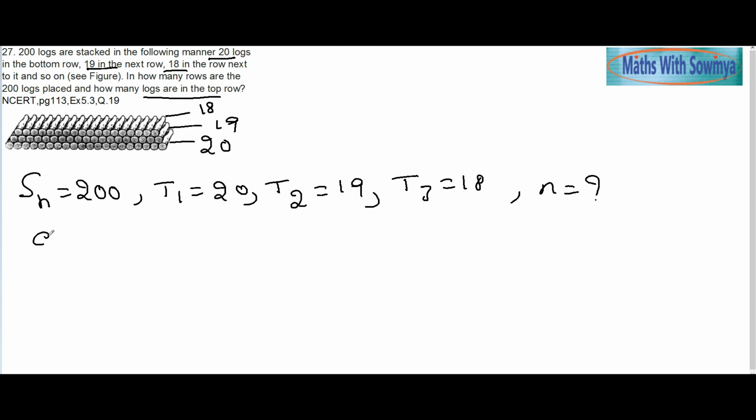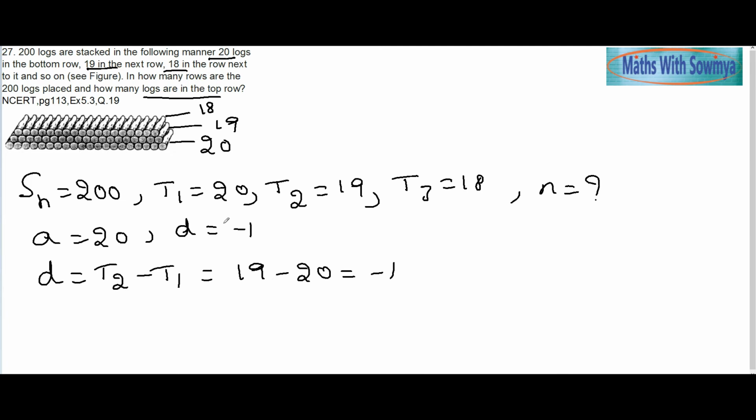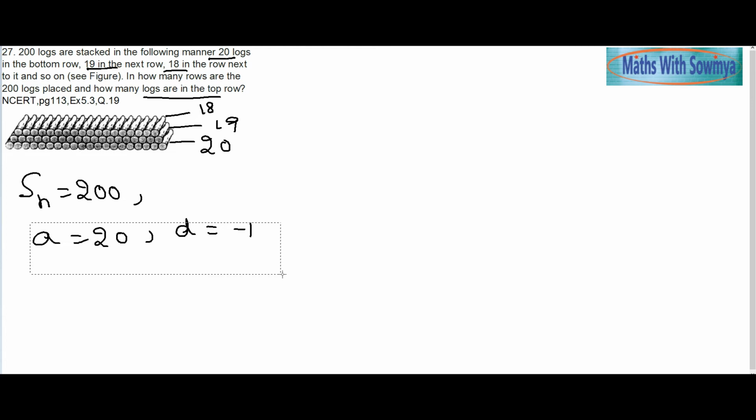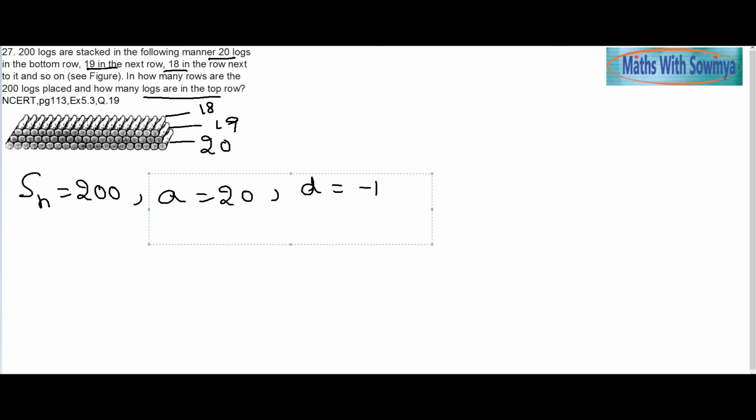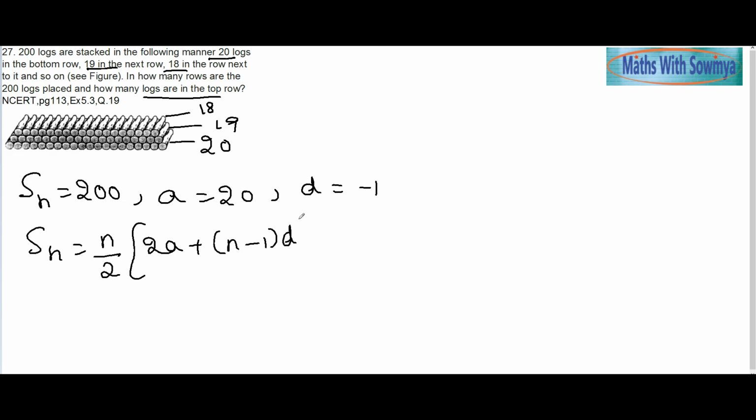So A is given as 20. D is T2 minus T1, which is 19 minus 20, so D is minus 1. Now we will find the values. Sn is n by 2 into 2a plus n minus 1 into d.